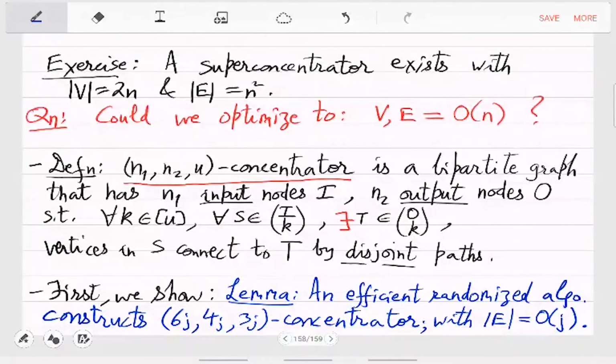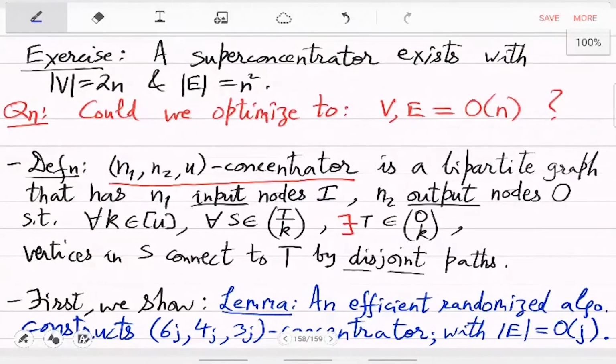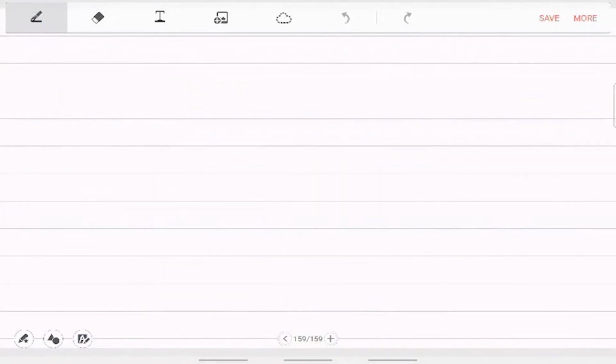So let's do the construction, and it will also be an algorithm, a randomized polynomial time algorithm.